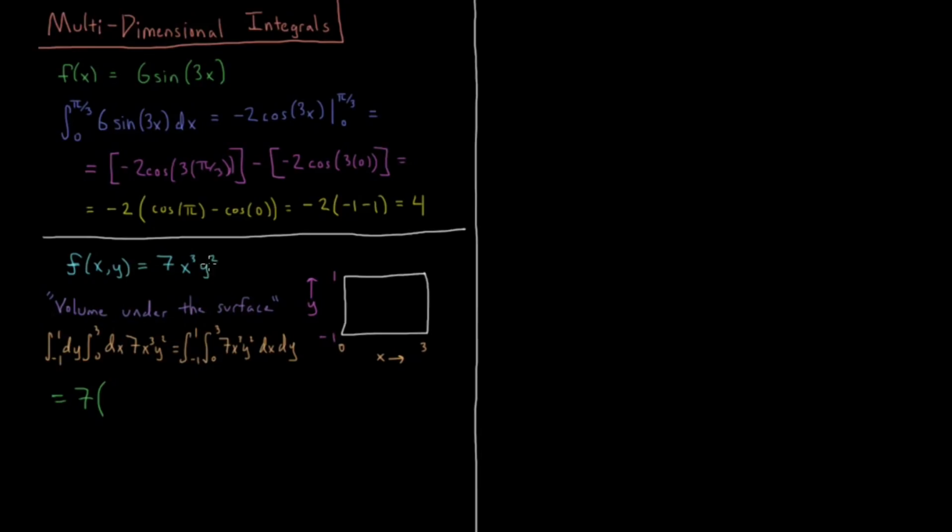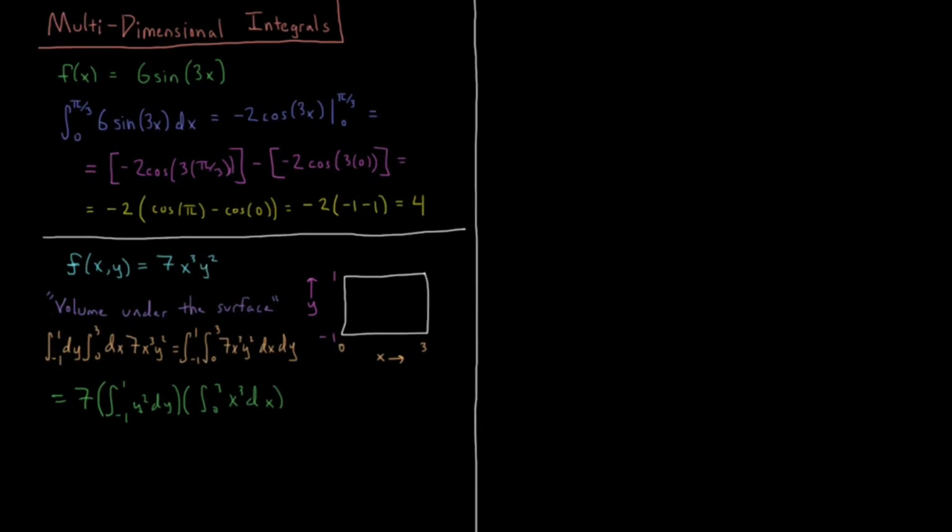X cubed doesn't depend on y, and y squared doesn't depend on x. So I can factor those out of their respective integrals. And I can say I have an integral from minus 1 to 1 dy of y squared, times the integral of the x part, 0 to 3 x cubed dx.